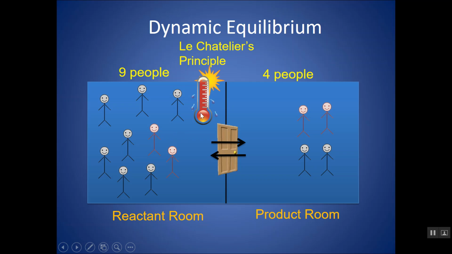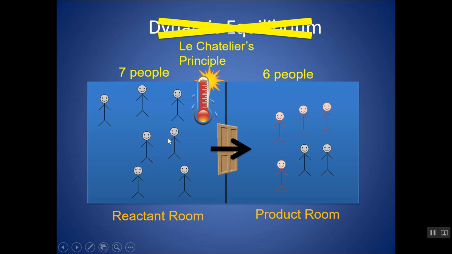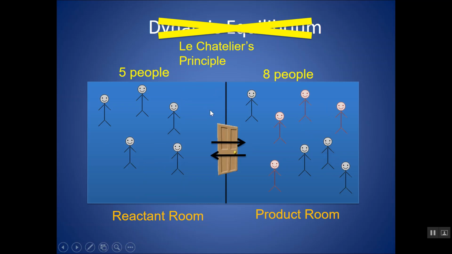Well, these people are going to start leaving the reactant room and going into the product room at a faster rate than the reverse reaction. So you're going to see people going to the right, pouring into this room, and it's going to shift out of equilibrium. It'll no longer be at equilibrium until we restore the temperature, and the reaction can then occur at the same rate.